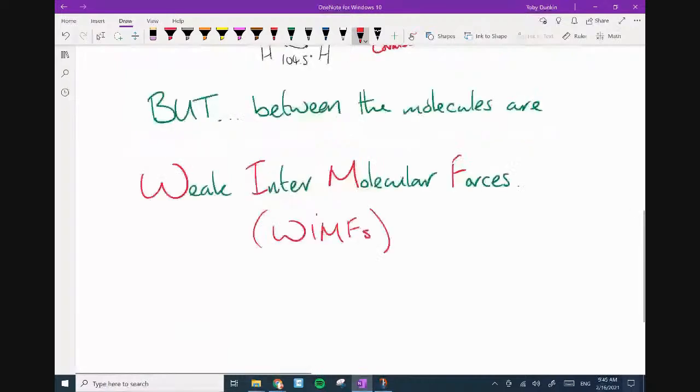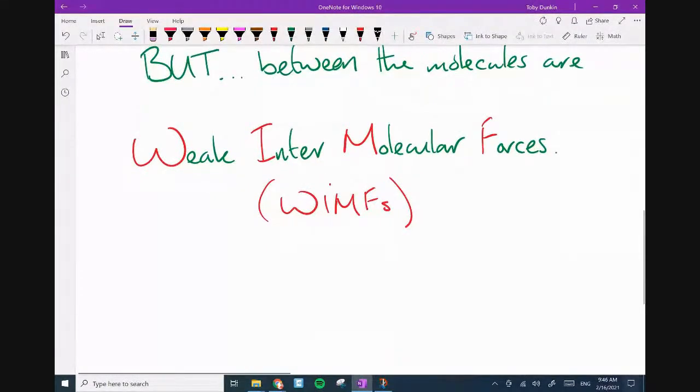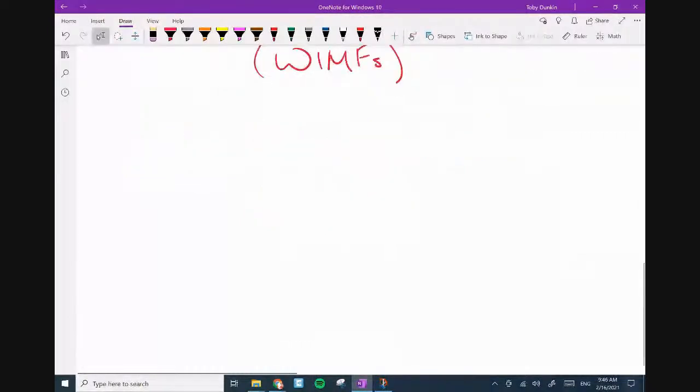Now, you're not allowed to use this in your exam. You have to translate to weak intermolecular forces. But it's just easier to remember WIMFs. So between them, what does this now look like? A new picture arises.